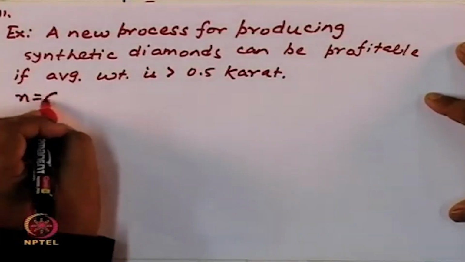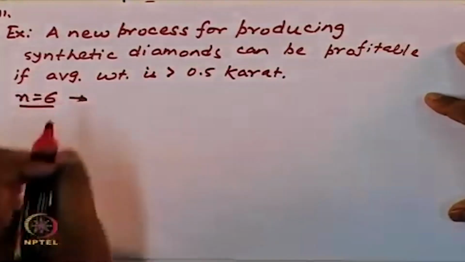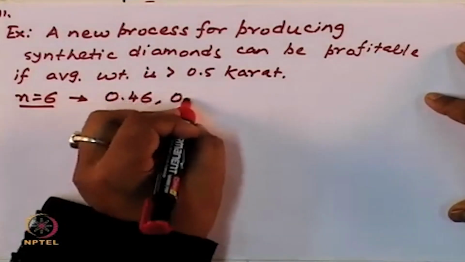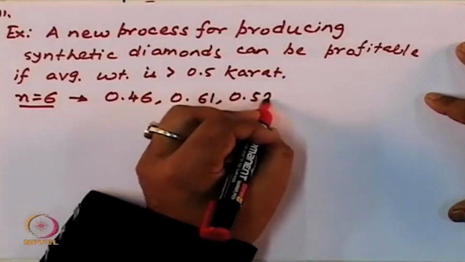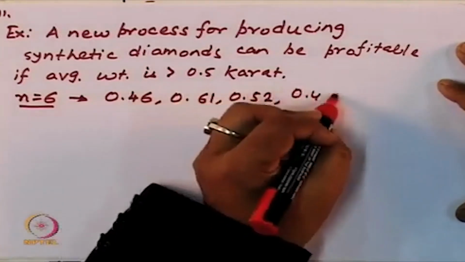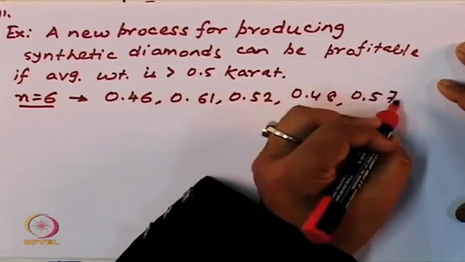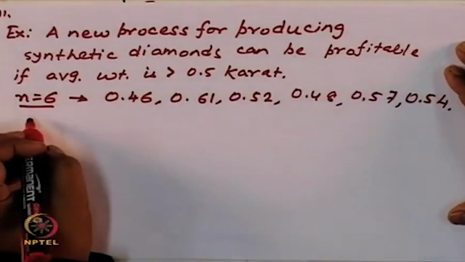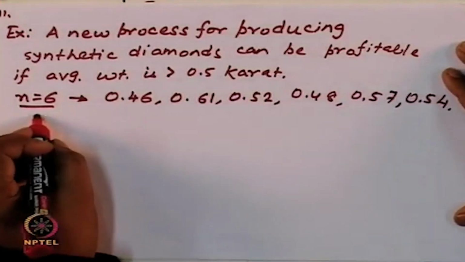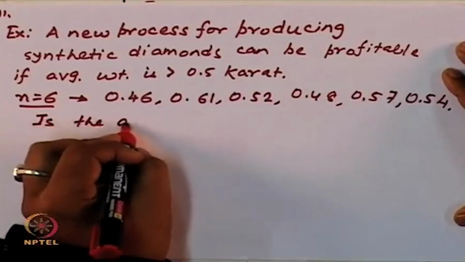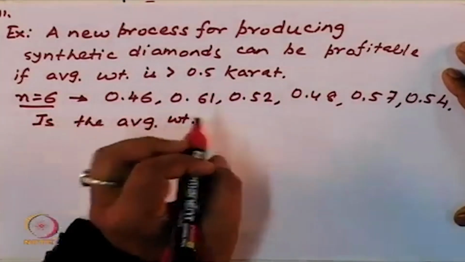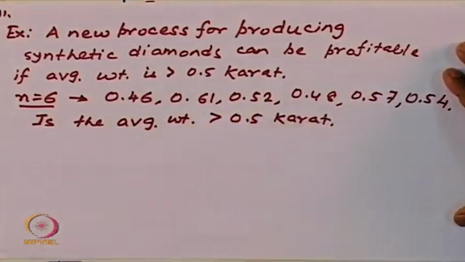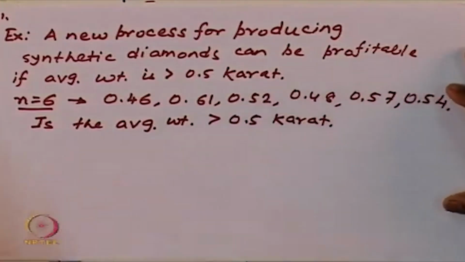You have taken n equal to 6 samples, and their weights are respectively 0.46, 0.61, 0.52, 0.48, 0.57 and 0.54. Based on this, is the average weight greater than 0.5 carat?